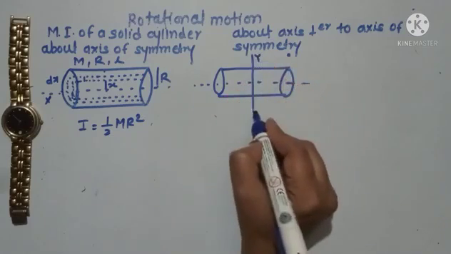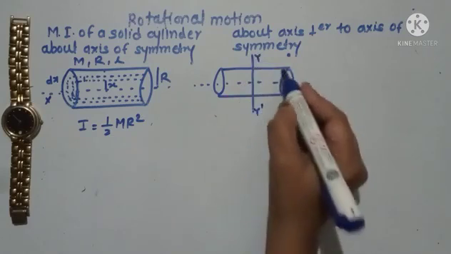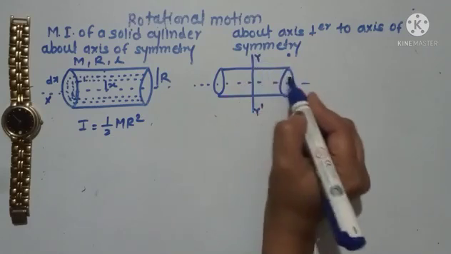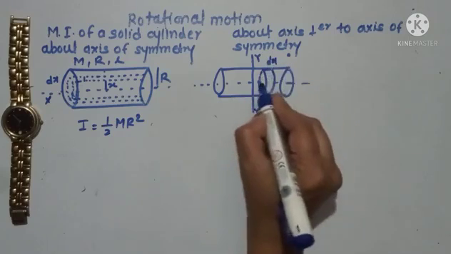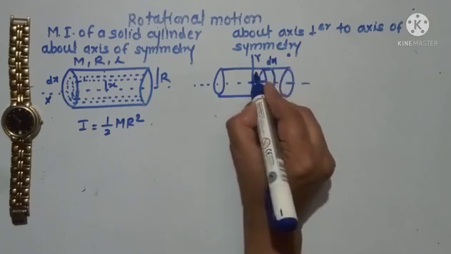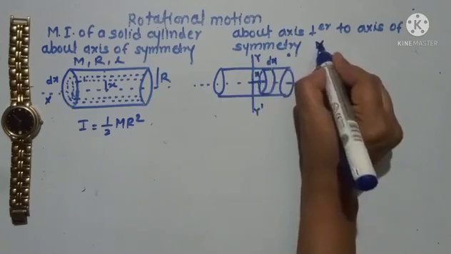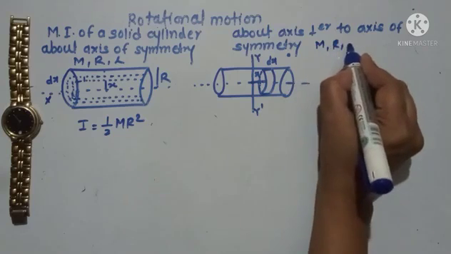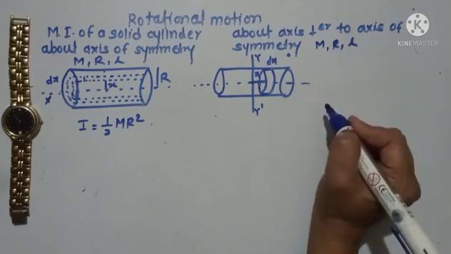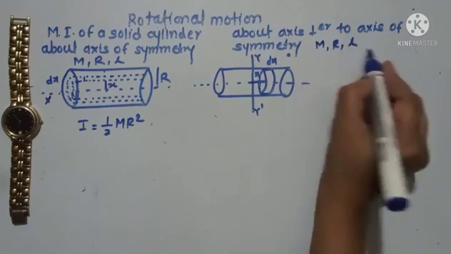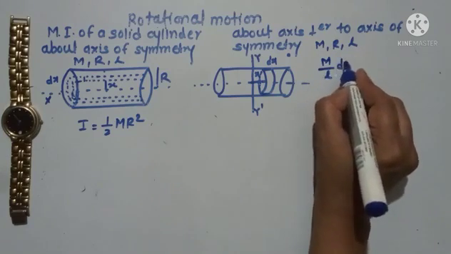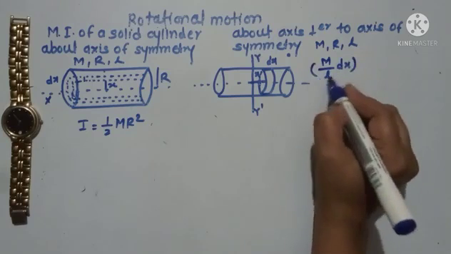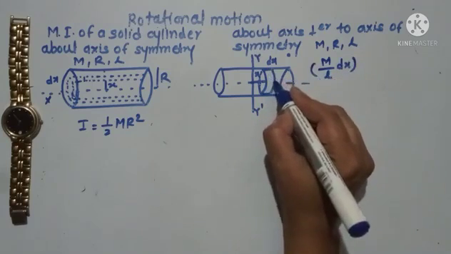Let us call this y dash. Now we have to consider small coaxial rings of width dx and having distance x from the axis of rotation. Now m be the mass, r be the radius, and l be the length of the solid cylinder. Now if this is the case, then m upon l into dx will be the mass of this small disk.